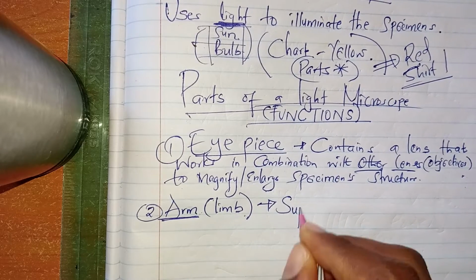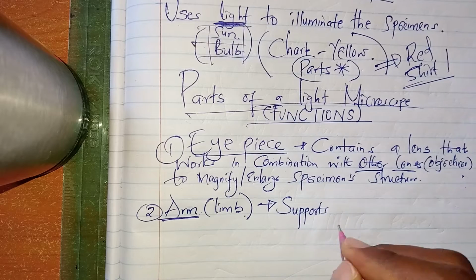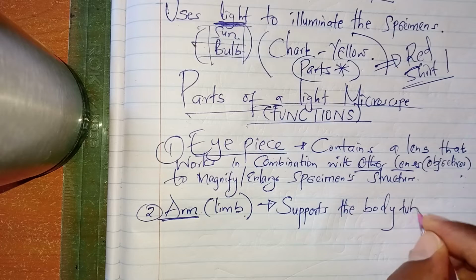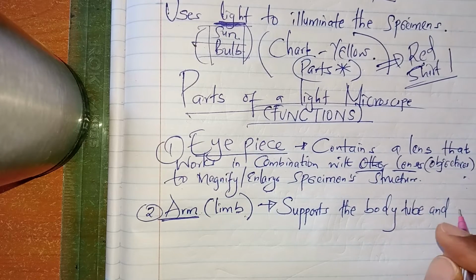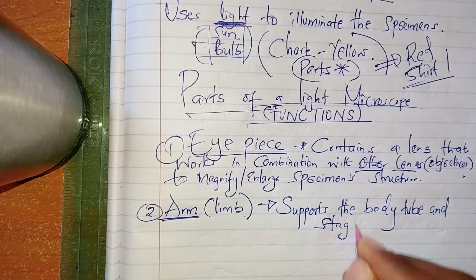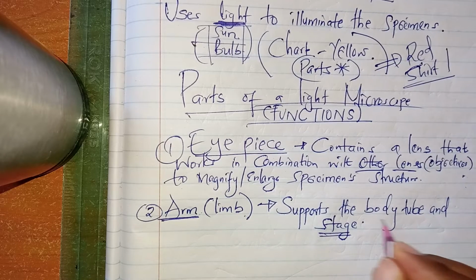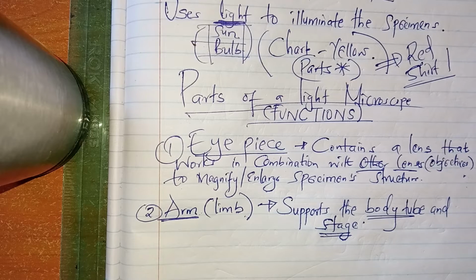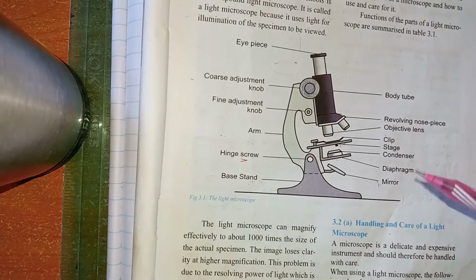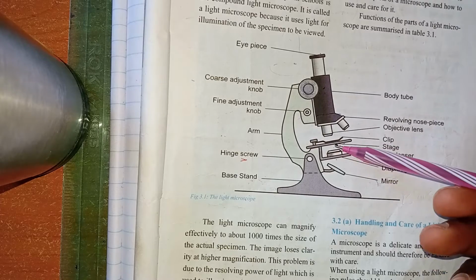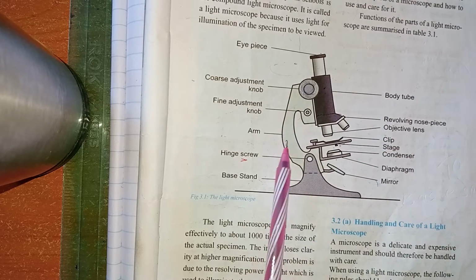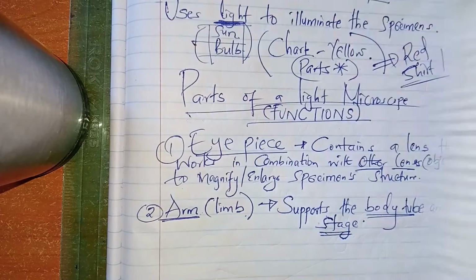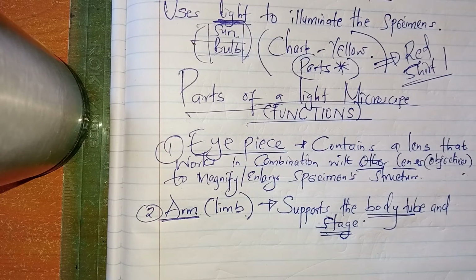This one supports the body tube and stage. When I showed you the diagram, I will still show you that this body tube and this stage down there are supported by this arm. So it supports the body tube and the stage. So the work of that arm is for support.